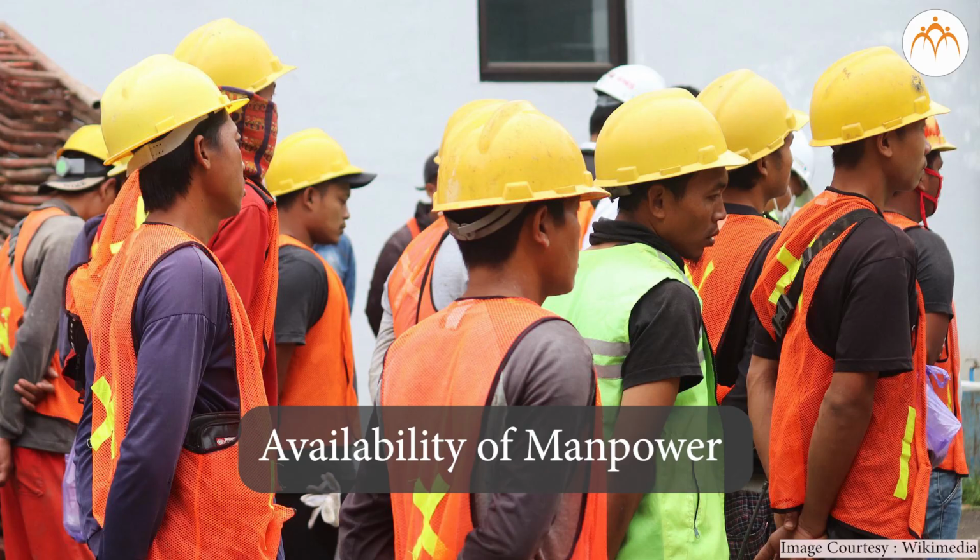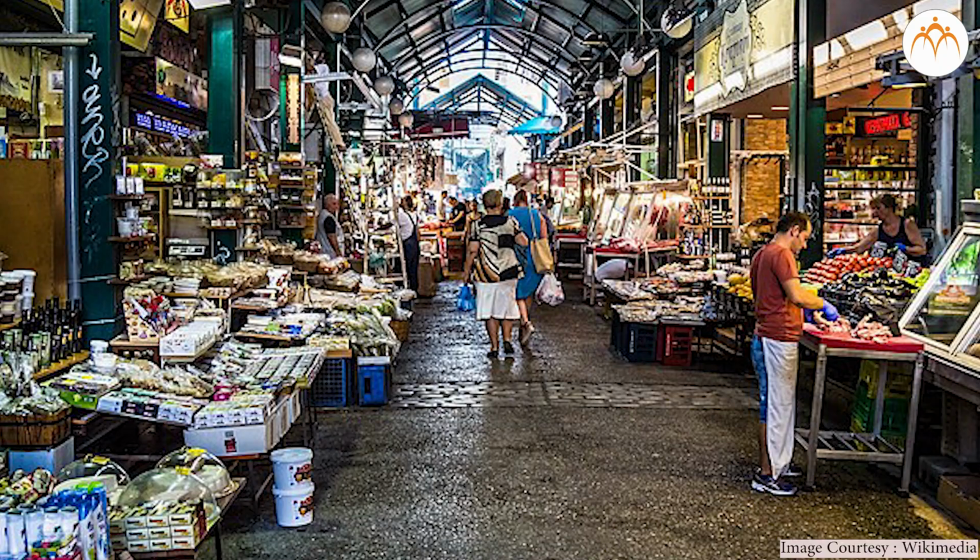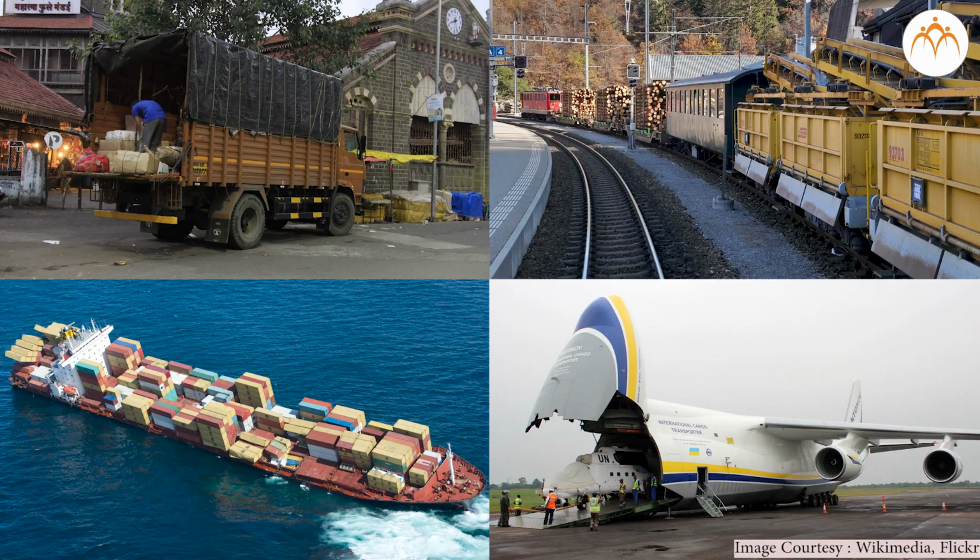The fourth factor is the sources of adequate water and power supply for daily needs of the industry and its manpower. And the fifth factor is the cost and availability of skilled and unskilled labor or manpower. And the sixth factor is access to markets and transportation facilities. The combination of all these parameters determines where any industry is located and how it is operated.